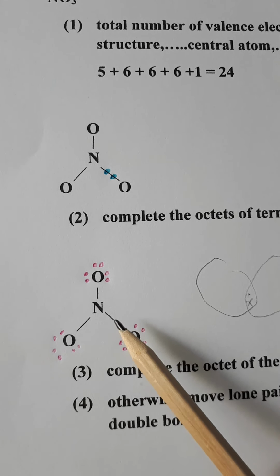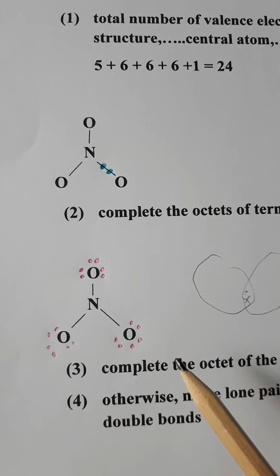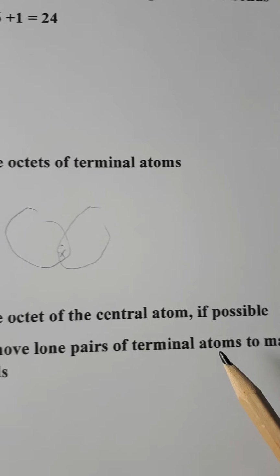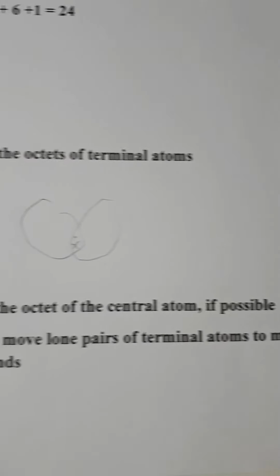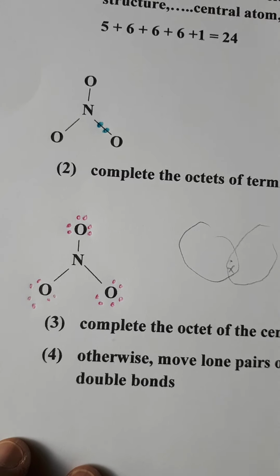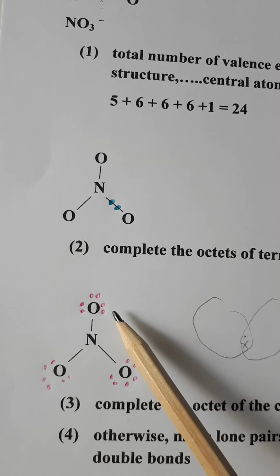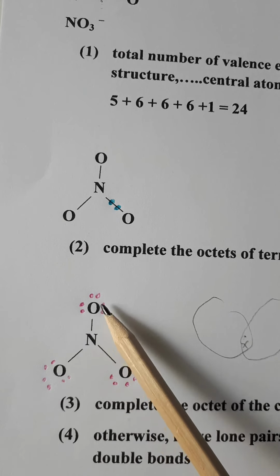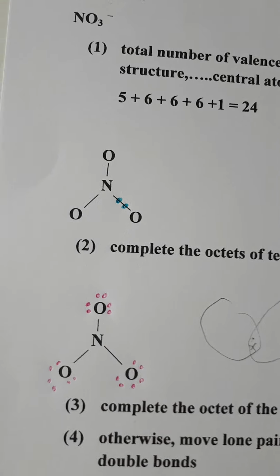So the octet is not complete. So what do you have to do? Move lone pairs of terminal atoms to make double bonds. So now we have to move one pair of electrons to here so that it will make a double bond. Let's see how it happens.